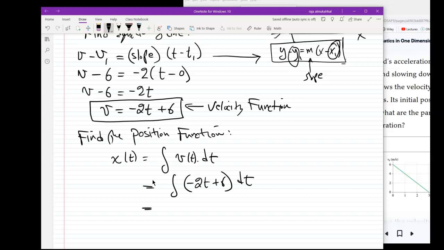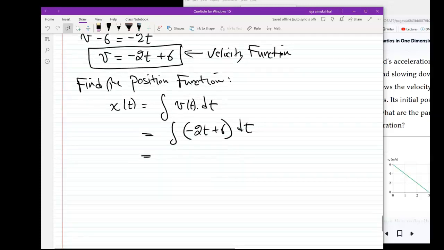Again, I'm going to be applying the initial conditions to find the constant of integration when I do that. Anyway, so let's do it. So that will give me, integrating, minus t squared plus 6t plus the constant of integration. Is that right? Okay, in physics we don't write c, we write something like x naught.